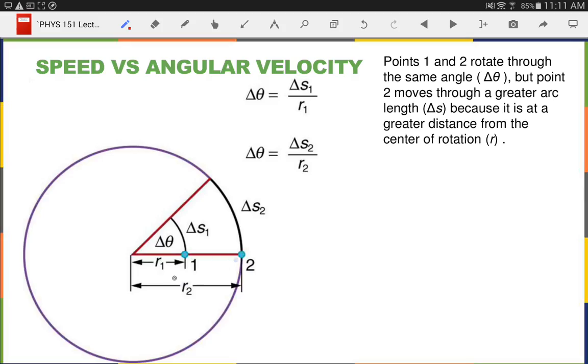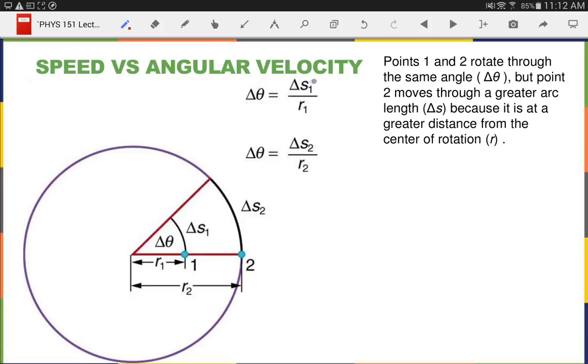If we have two people where R1 is 1/2 of R2, then for a portion of a circle, they've both done the same angle in the same amount of time. But how do their distances compare?